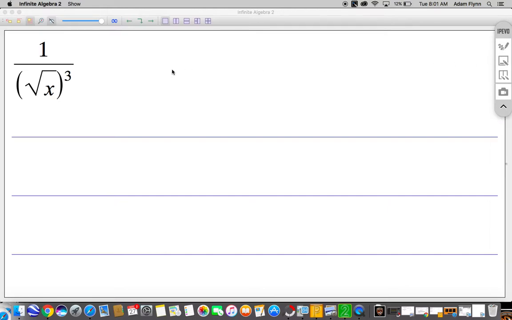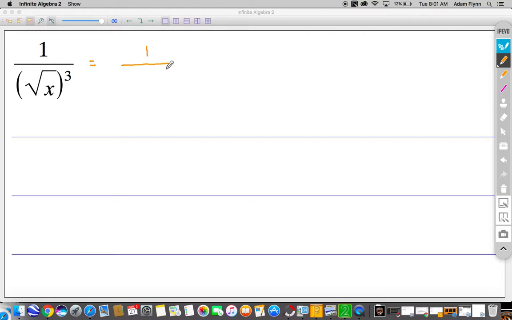All right, looking at this one right here. We've got 1 over the square root of x all cubed. So I'm just going to simplify the denominator right now. Whenever we have a square root, that means we have a 2 out front, but we actually don't need to write the 2.